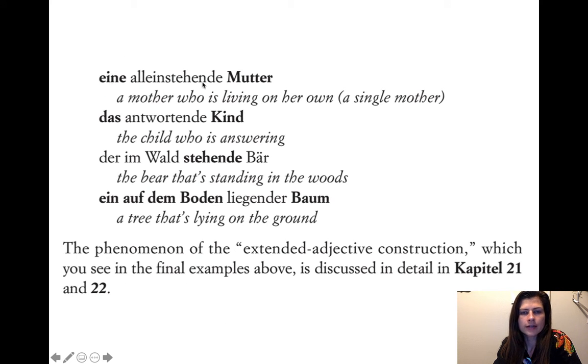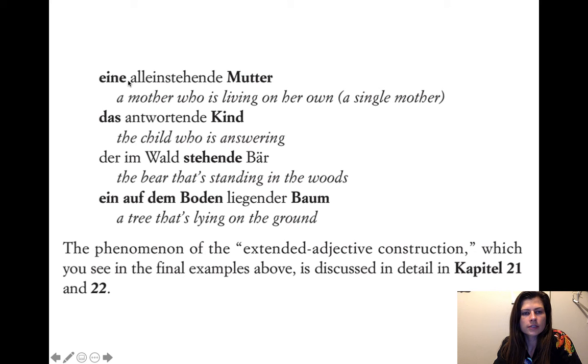Eine alleinstehende Mutter. So alleinstehen is like to stand alone, as in to be single, to be alone. And then the d is added to make it the ing equivalent. And then the e is added because it's an adjective, it needs the ending.